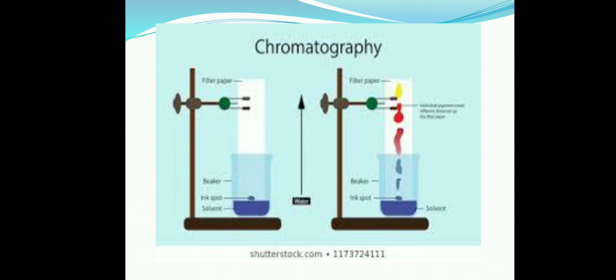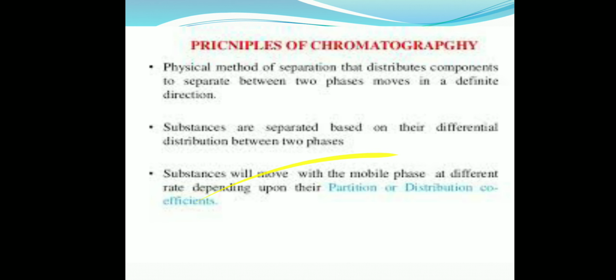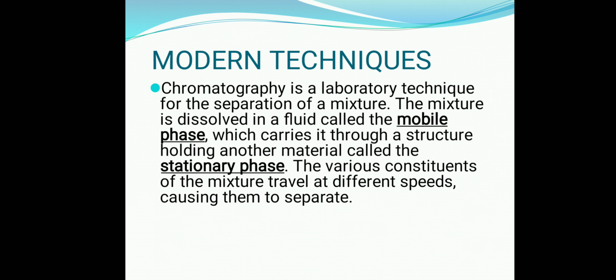So here in this diagram, the mixture is dissolved in a fluid, so this fluid is the mobile phase, and this paper, the filter paper on which the constituents of the mixture are running, that is known as the stationary phase. Okay, so the mixture which is dissolved in a fluid, that fluid is known as the mobile phase, which carries it through a structure holding another material called the stationary phase.